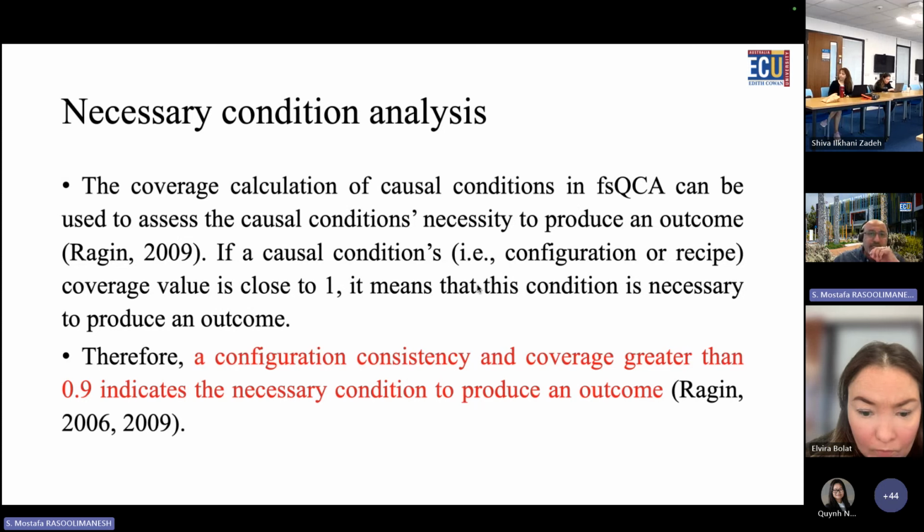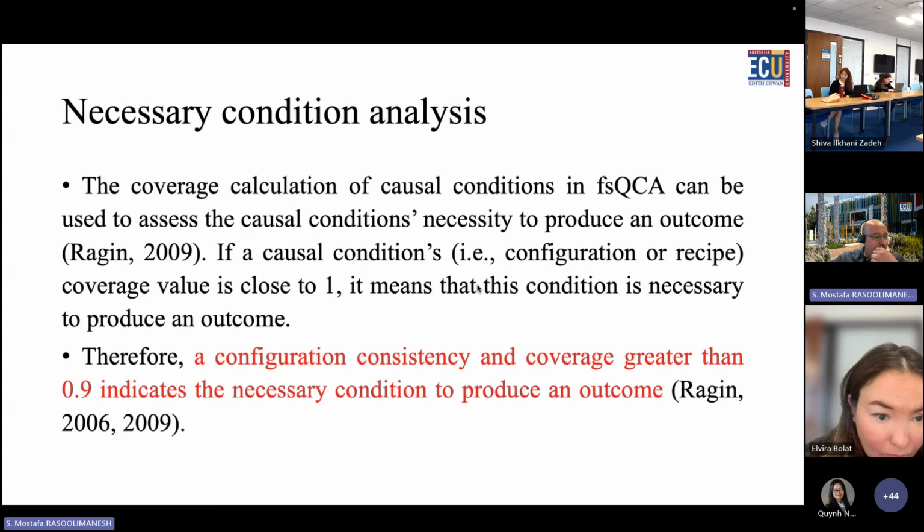Because of this, we don't call necessity analysis in FSQCA NCA. NCA is necessity in degree. And here in FSQCA, we calculate necessity in kind, and we call it necessity analysis in FSQCA.